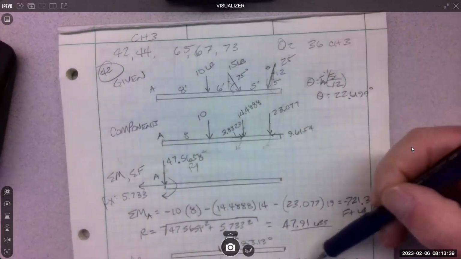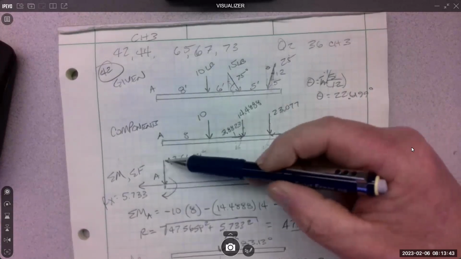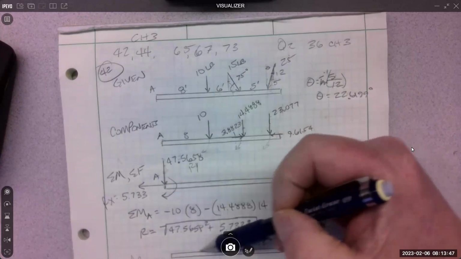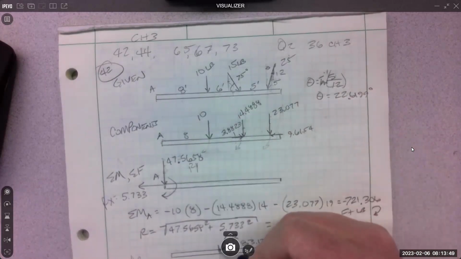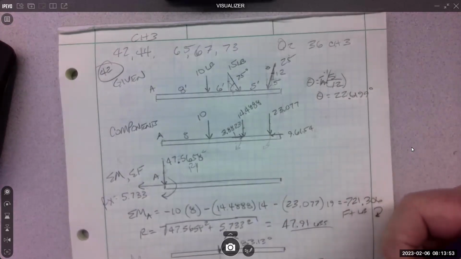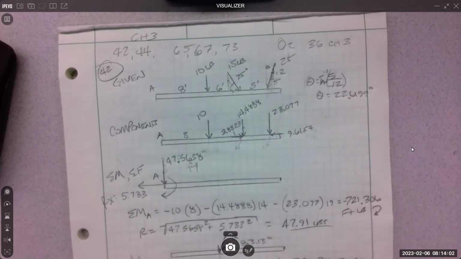So you just take the 721 divided by the Y force, the Y component, to get that X distance. So 721.47 gave me 15.16, and that's where R goes. What you put in is not the Y component, but you put R in, the resultant.